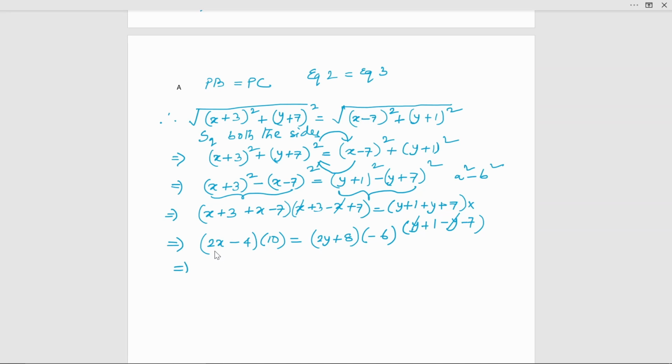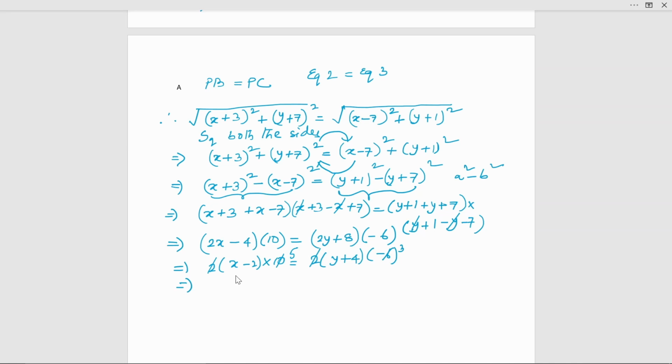So I can take this 2 out of it: 2(x − 2) into 10, and 2(y + 4) into −6. 2 cancels. If I again divide 10 by 2 and −6 by 2, this will give me 5 and this will give me 3.